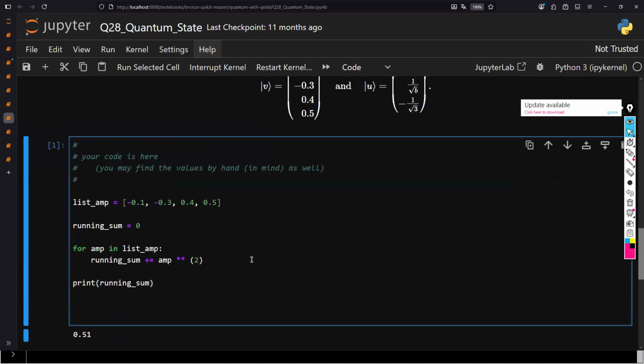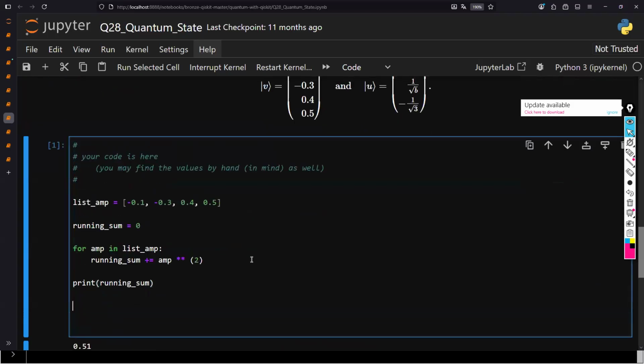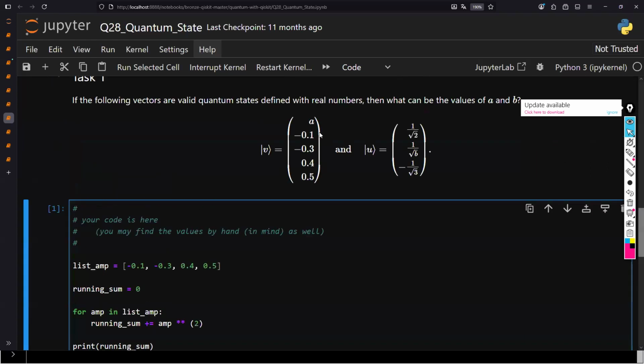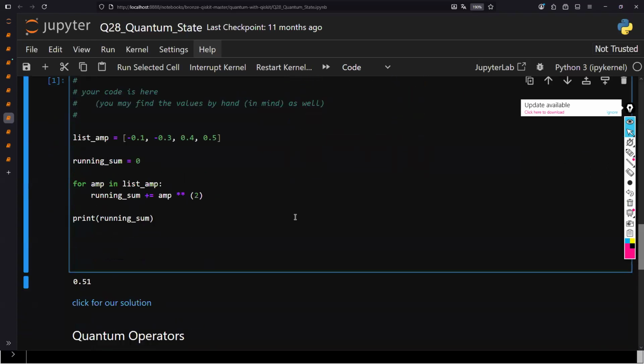Okay, so far we got a sum of squares of the amplitudes that we have given.